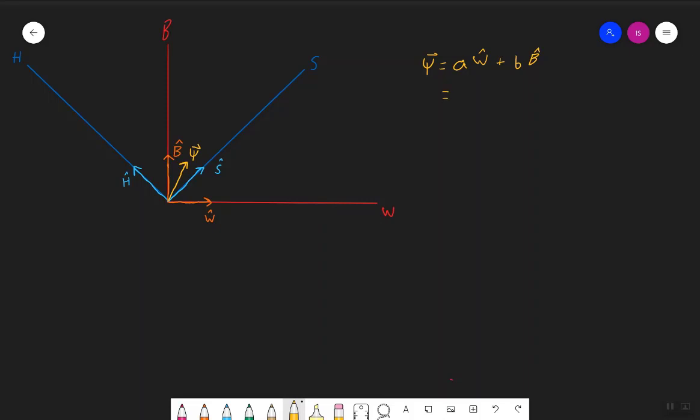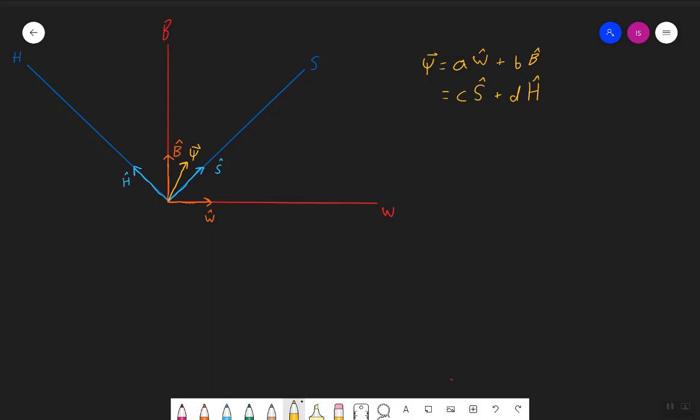Or it can also be written in the hardness basis. It doesn't matter what the orientation of the unit vectors are, you can always do this, as long as you've got unit vectors that are not in the same direction, particularly in perpendicular directions. So we could also write this as c times the soft unit vector plus d times the hard unit vector.